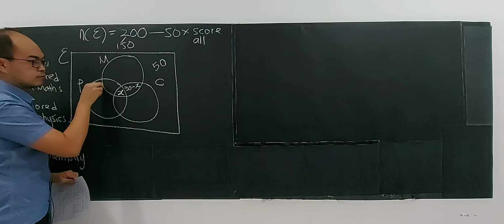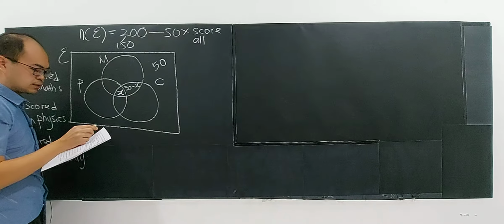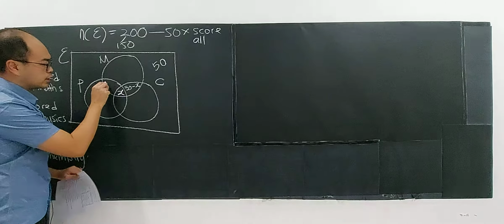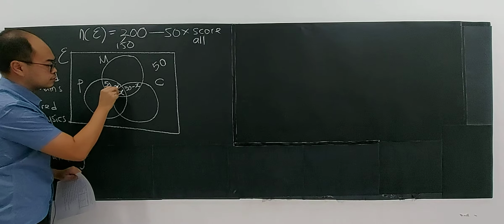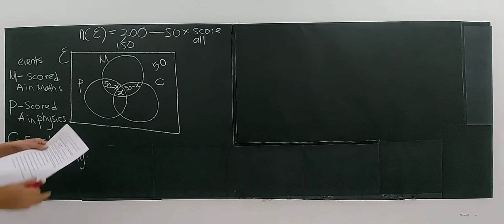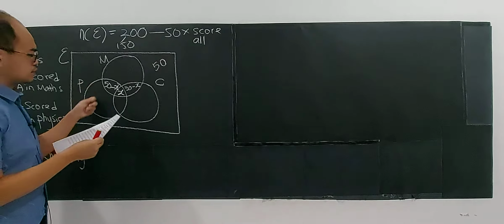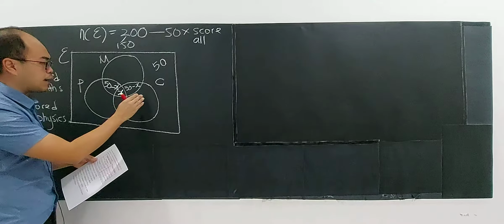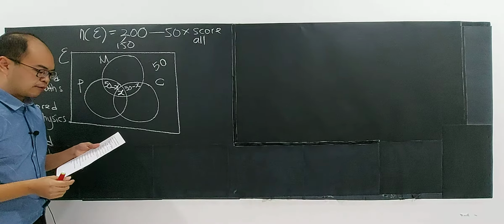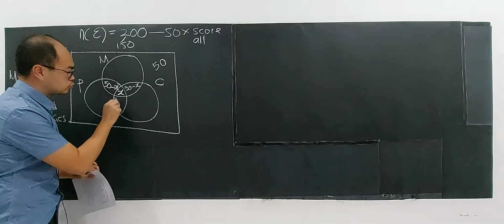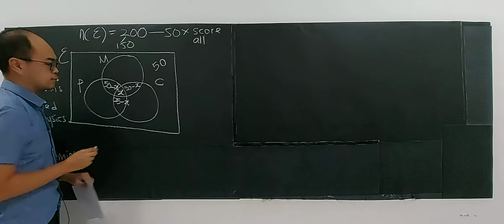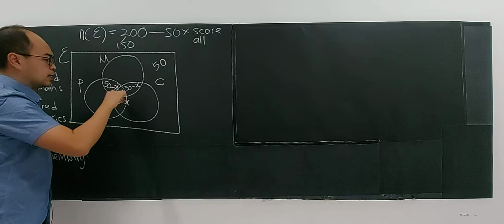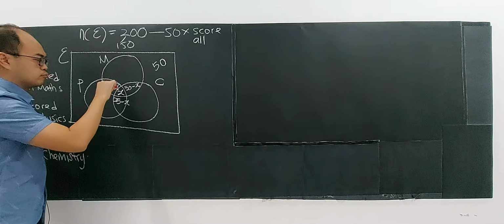But the information just said mathematics and physics has 50, so here should be 50 minus X. You have to construct carefully, just like what I'm doing. Now, chemistry and physics, we have 25 students who score, so 25 minus X.